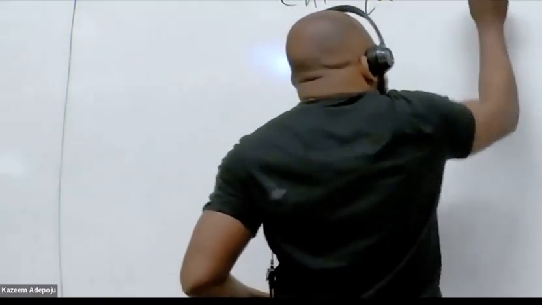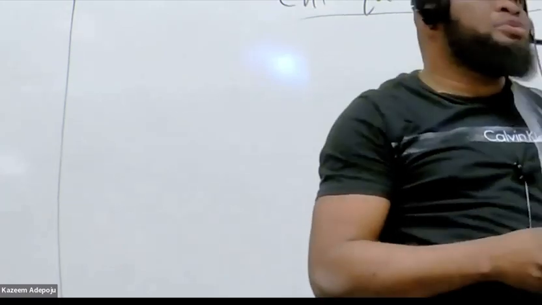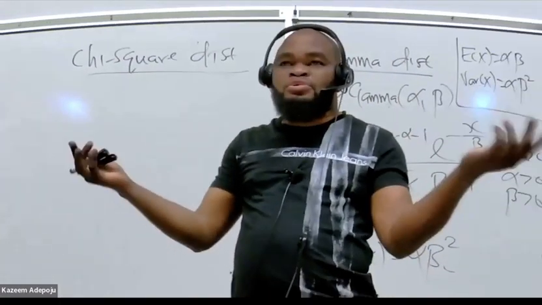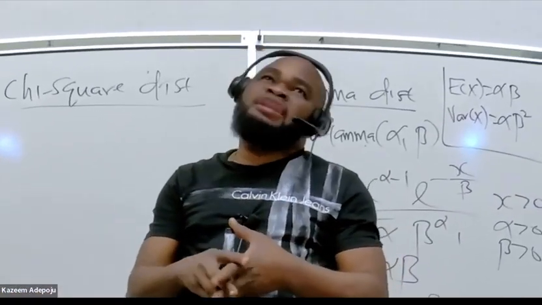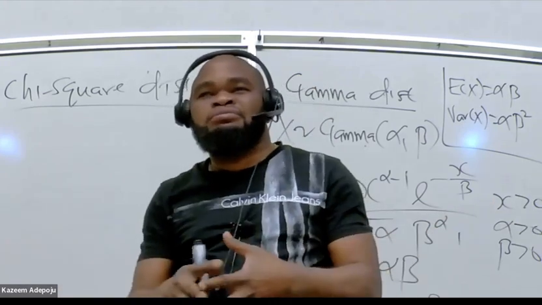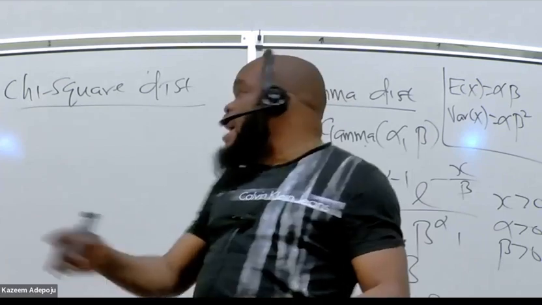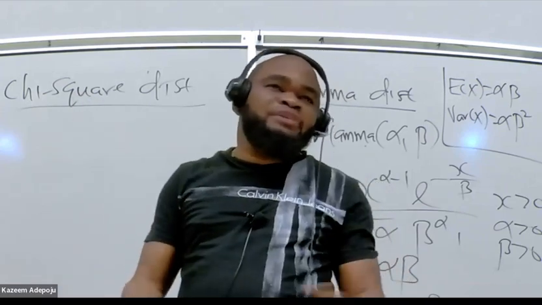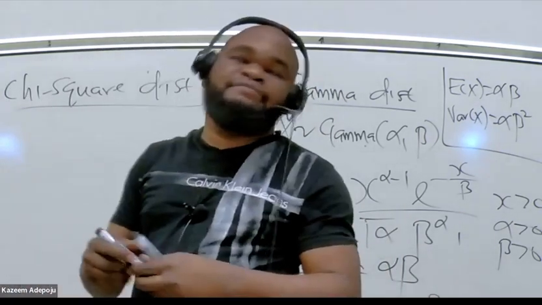In statistical analysis, if I want to test the relationship between two categorical variables, maybe I want to test how the level of education affects the level of income, we're going to use a chi-square test. But without the chi-square distribution, there's no way we can conduct a chi-square test. Now, how is a chi-square distribution derived?